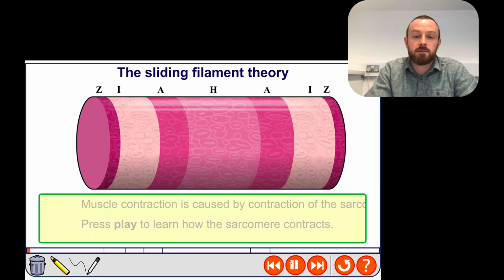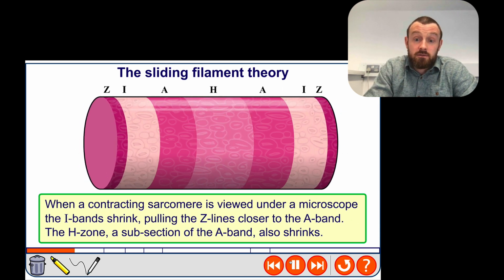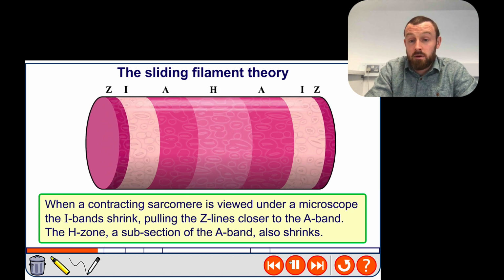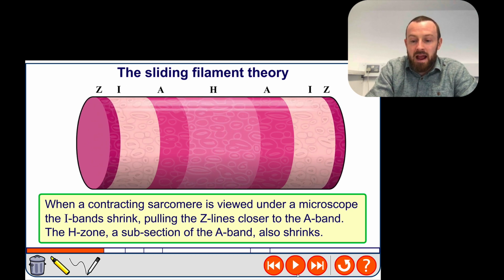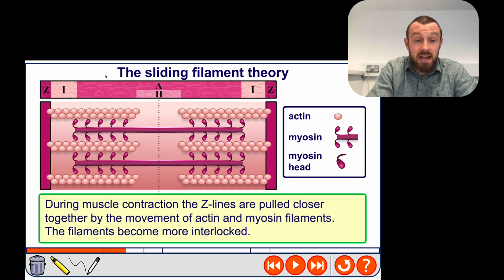So what are these bands? Or how do these bands change as the sarcomere contracts? Okay, this is the image that you need to remember. So the A band actually stays the same size. So the A band is this whole purple band here that I'm highlighting.